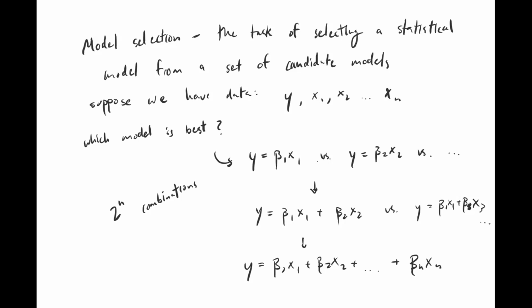But before we talk about some of the algorithms that will help us do model selection, we need to talk about the criteria under which you can evaluate which of any particular model might be the best one.